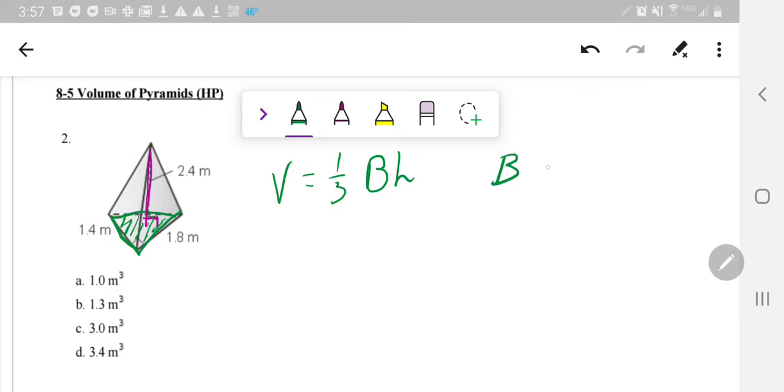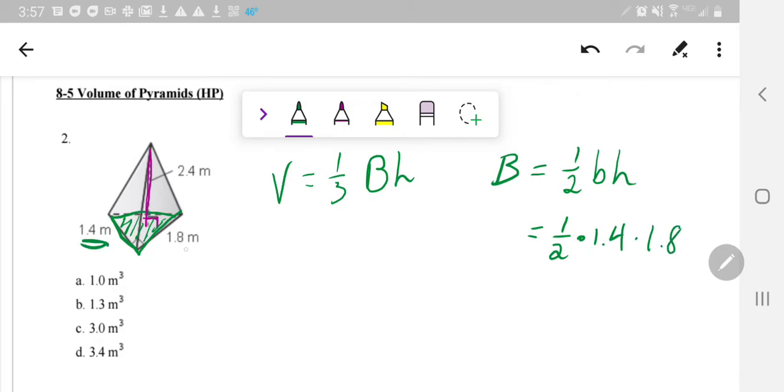So when we find the area of that shape, we're not going to use base times height. We're going to use the formula for area of a triangle, which is 1/2 base times height. Now we're going to plug in those dimensions for that bottom shape. So we have 1/2 times 1.4 times 1.8.